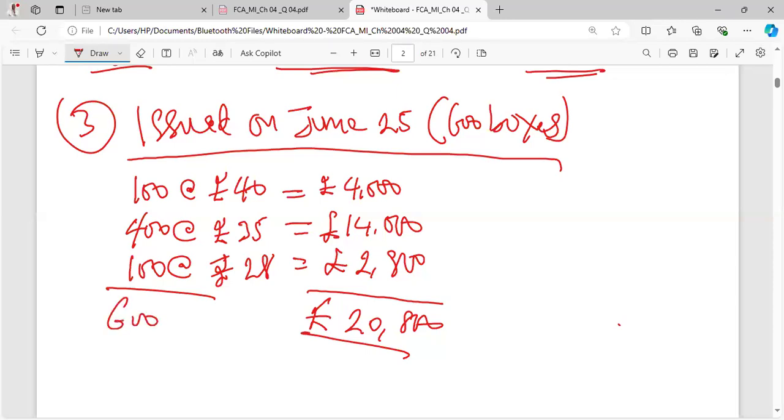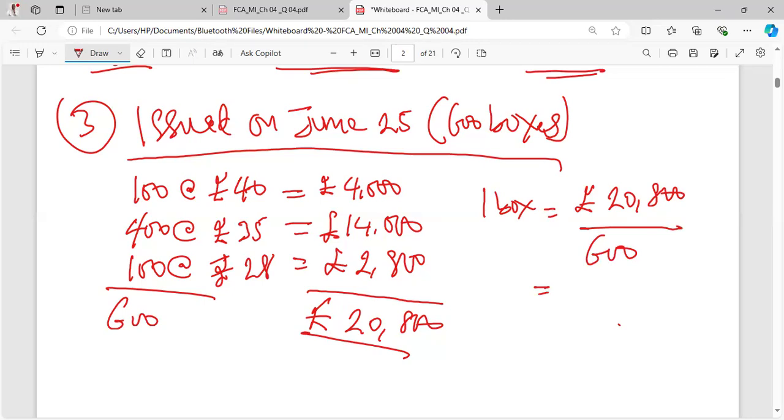So we'll do a one box here. One box will be equal to 20,800 divided by 600. That will give me what?